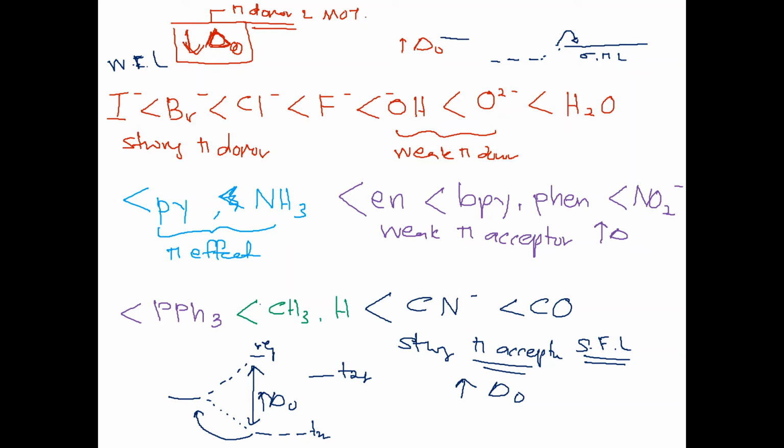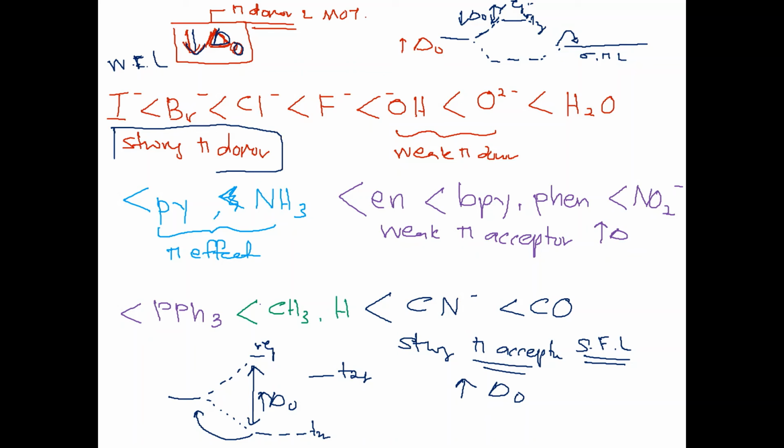This is your metal energy level, so your metal energy will have the T2g star and eg star. The difference between these two energy levels is lower. So that's why with the weak field ligand, you have a small delta O.